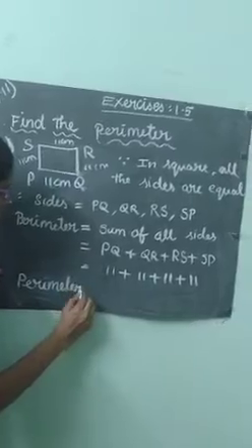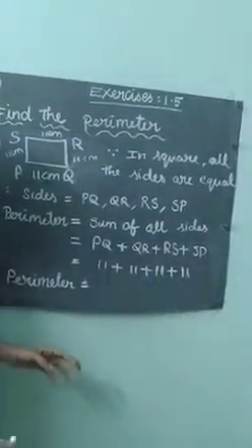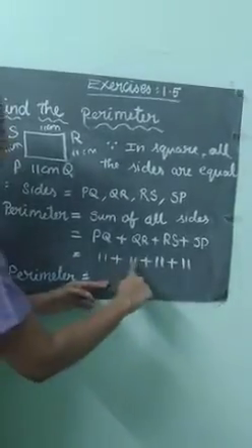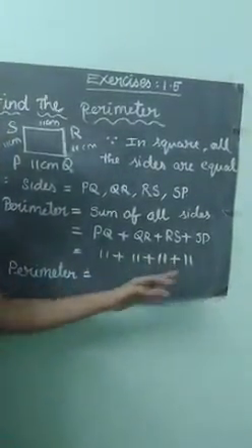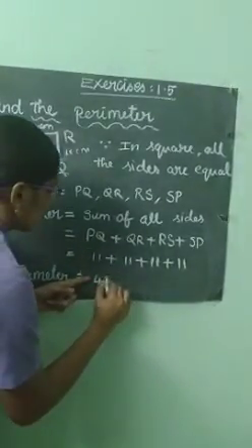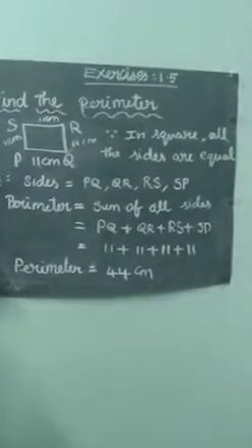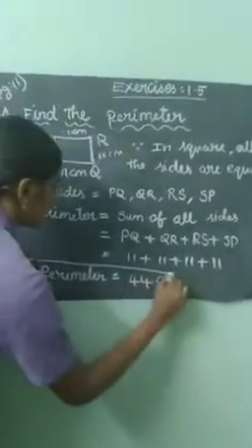Perimeter equal to, here how many times the 11 is repeating? 1, 2, 3, 4. So 4 11s are 44. So 44 centimeter. This is the final answer. Put the box.